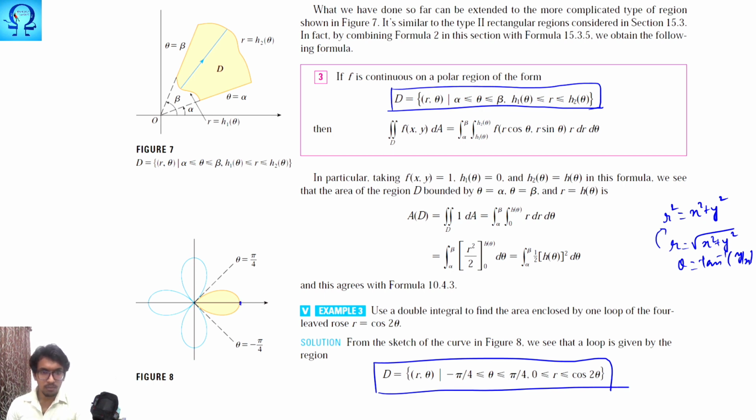When you come here, it is the cos 2 theta value. What is theta? It is pi by 4. Be it pi by 4 or minus pi by 4, 2 times pi by 4 is pi by 2, so it is going to be 0, and for minus pi by 2 this is also going to be 0.